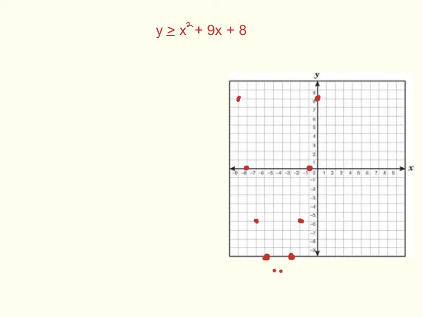Now, because it says that y is greater than or equal, that means we will have a solid line for our parabola. So I'm going to draw that now, solid line. And this one actually dips below your coordinate grid, I think because it goes down to negative 12. So you don't have to show that, or you can like I did.